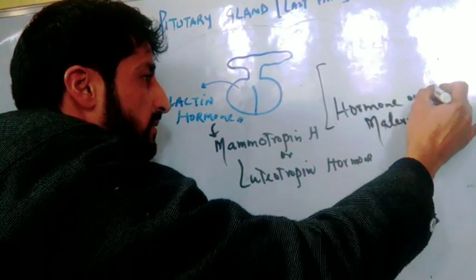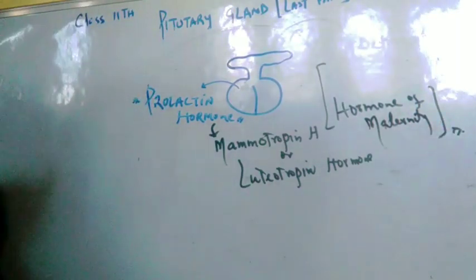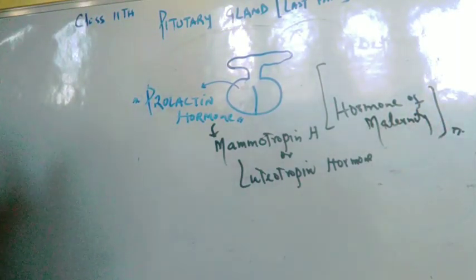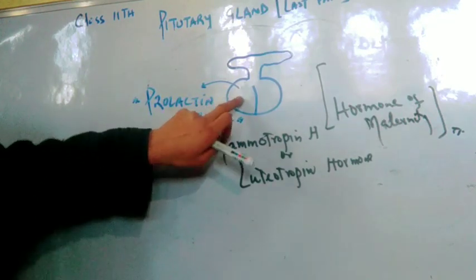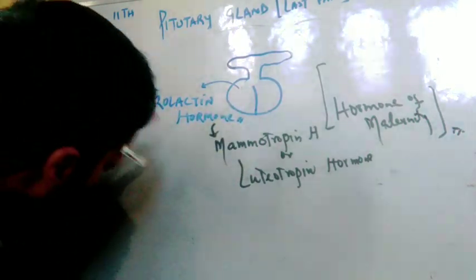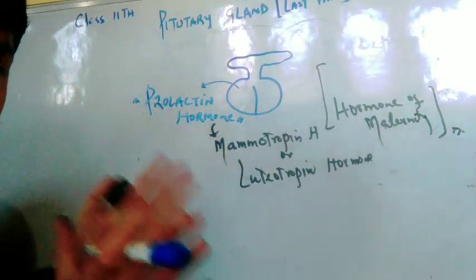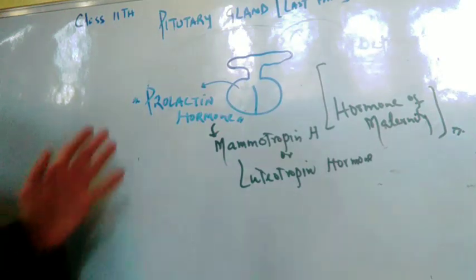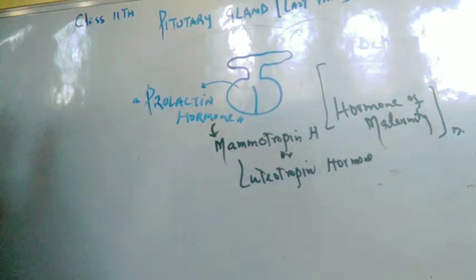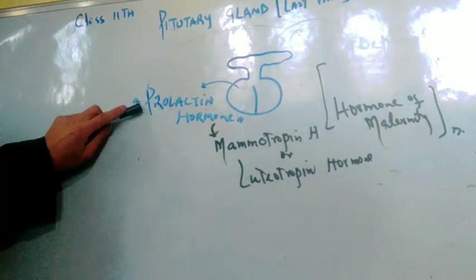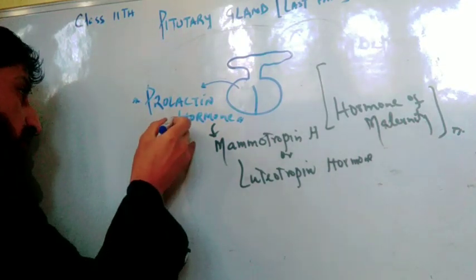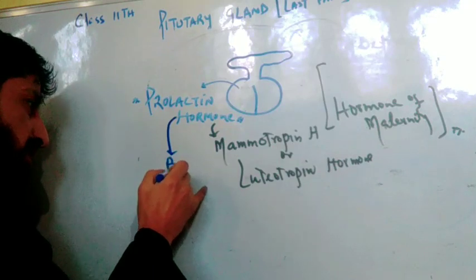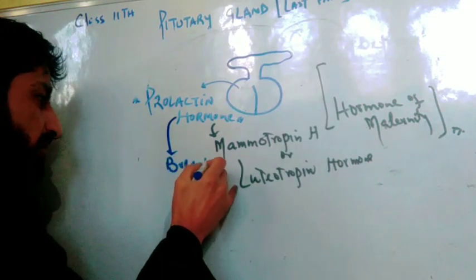I will just repeat one of the most important roles of prolactin hormone. You should know that, like other pituitary gland hormones, this prolactin hormone is also proteinaceous, made of amino acids. Prolactin hormone stimulates the breasts or the mammary glands.